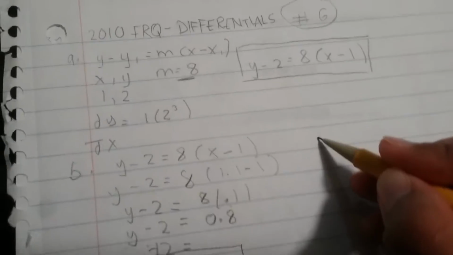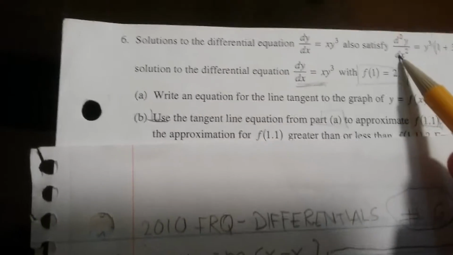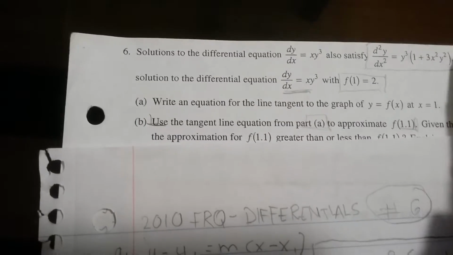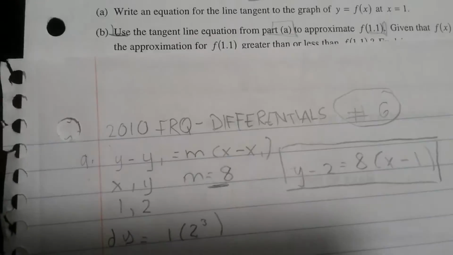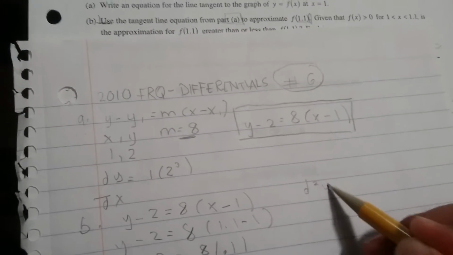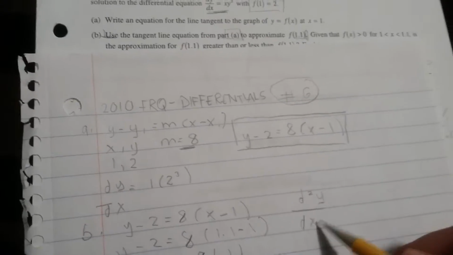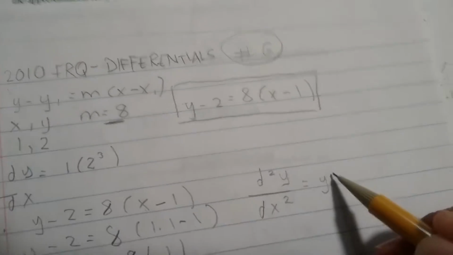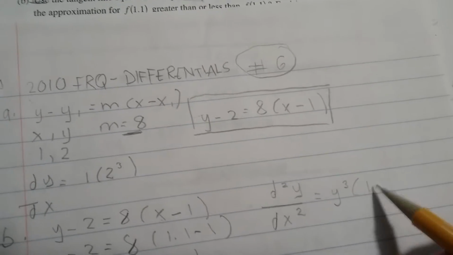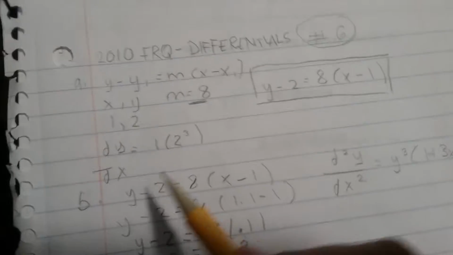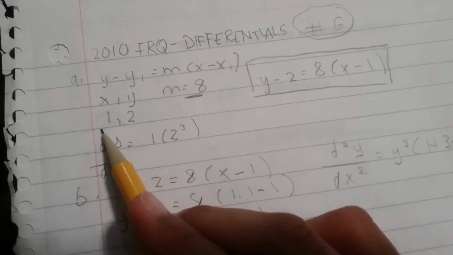So now we are going to use concavity at this point. We don't have to look for the second derivative because we're given the second derivative right here. So I'm just going to write this once again. It is d squared y over dx squared equals y cubed. Okay, so now we already have our x and y coordinates right here.